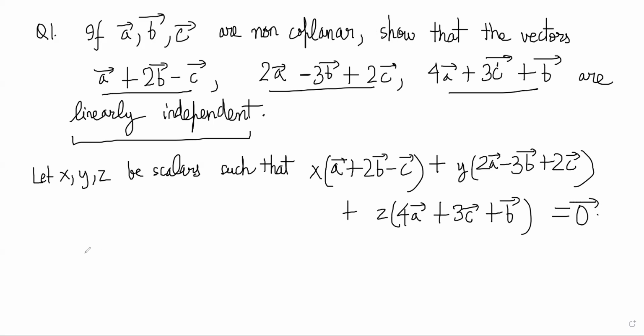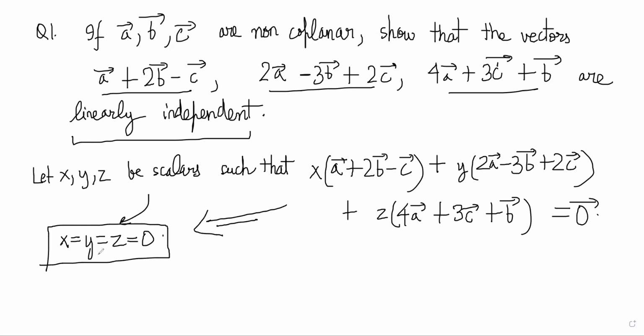From here, I need to prove that x is equal to y is equal to z is equal to 0. If this implies this, then we have our proof of linear independence, right?